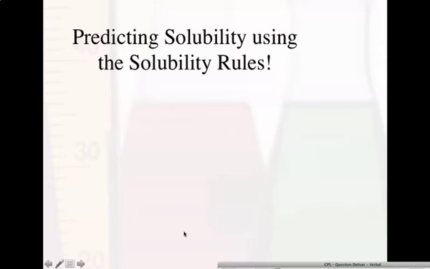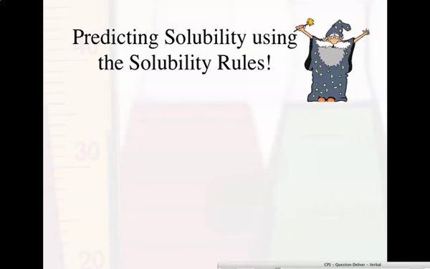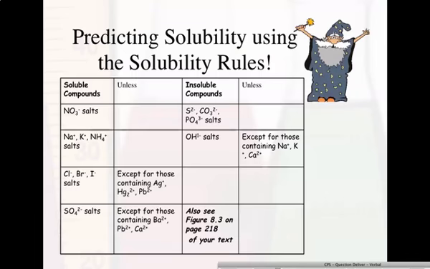Okay, so we're going to make some predictions about solubility using the solubility rules. This chart will be given to you on the test. You just need to know how to use it. So if we look, anything with a nitrate is going to be soluble. And there's no exceptions to it, so there's no unlesses.